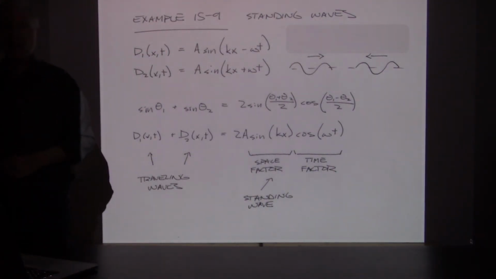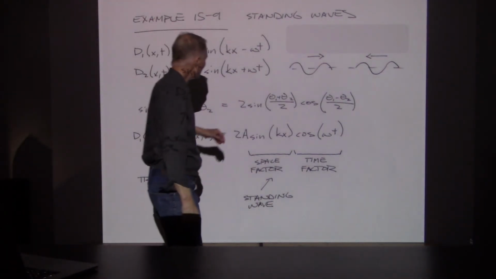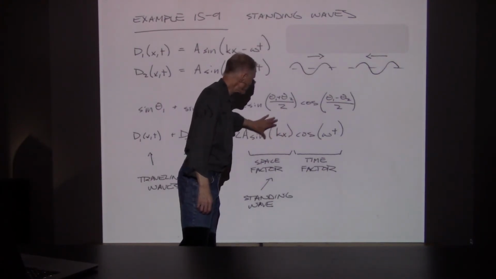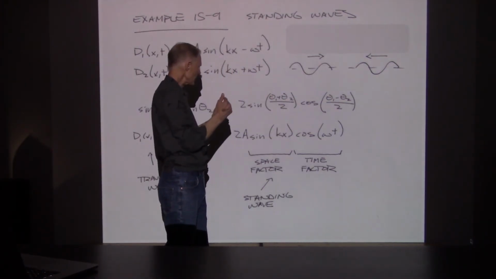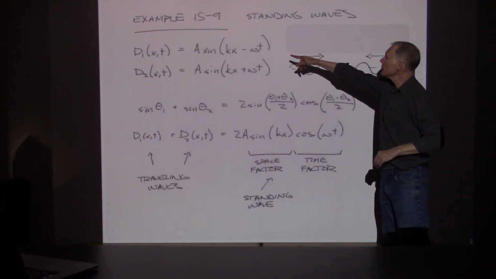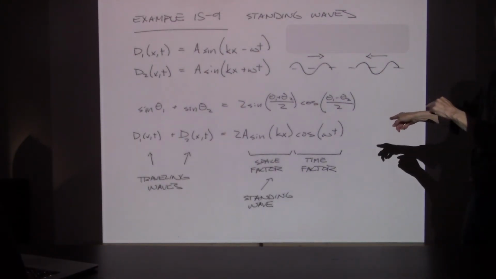What has happened now is it's no longer traveling. We've taken the spatial factor and isolated it from the time factor. The traveling waves depended on kx minus omega t. This one doesn't.